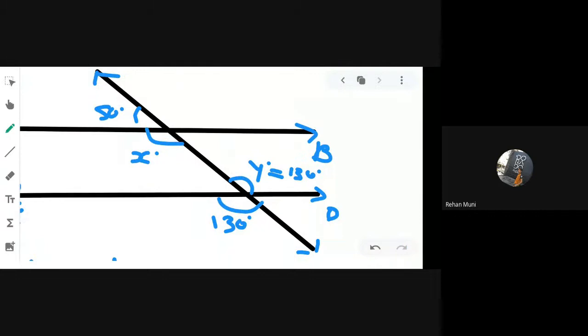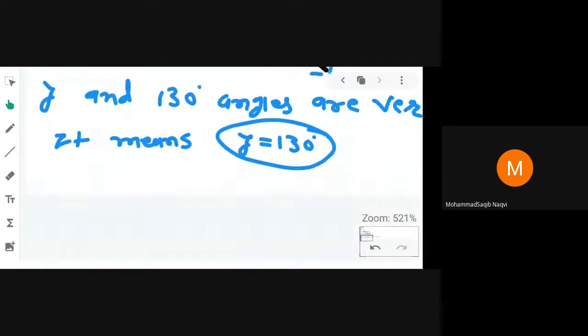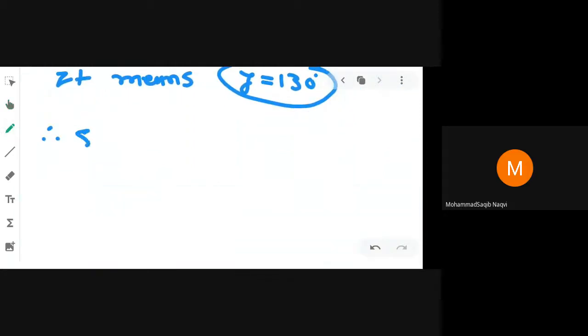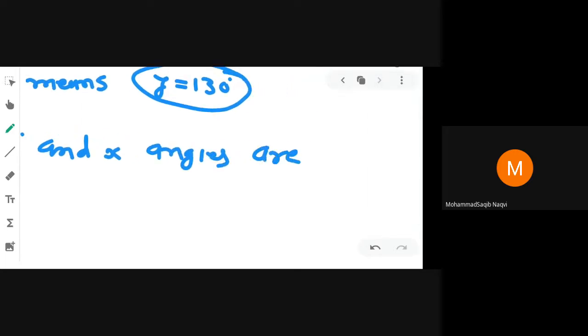Okay, now you can see the 50° angle and angle x. They are angles on the same line, so these two angles are supplementary. Yes, it is a linear pair. So we can write down here: 50° and x are making a linear pair.